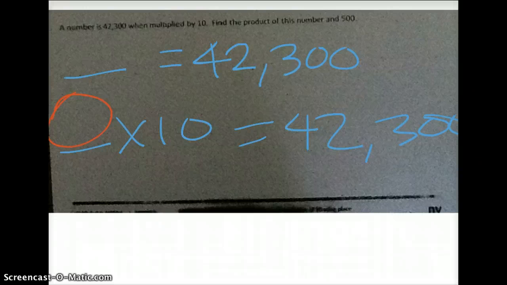That's part one of the problem. Then it says, find the product of that number and 500. Don't worry about the second part. I just want you to find what number times 10 equals 42,300. The rest you can just leave blank, and we'll talk about it in class.